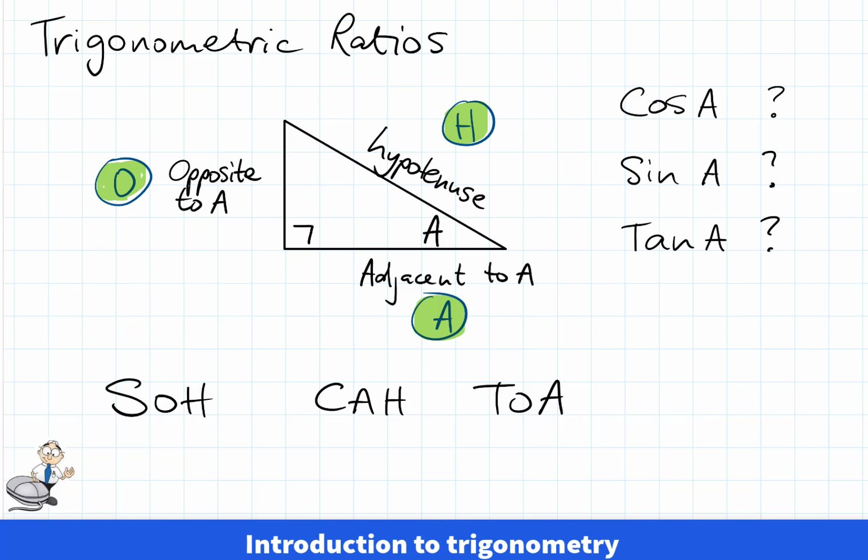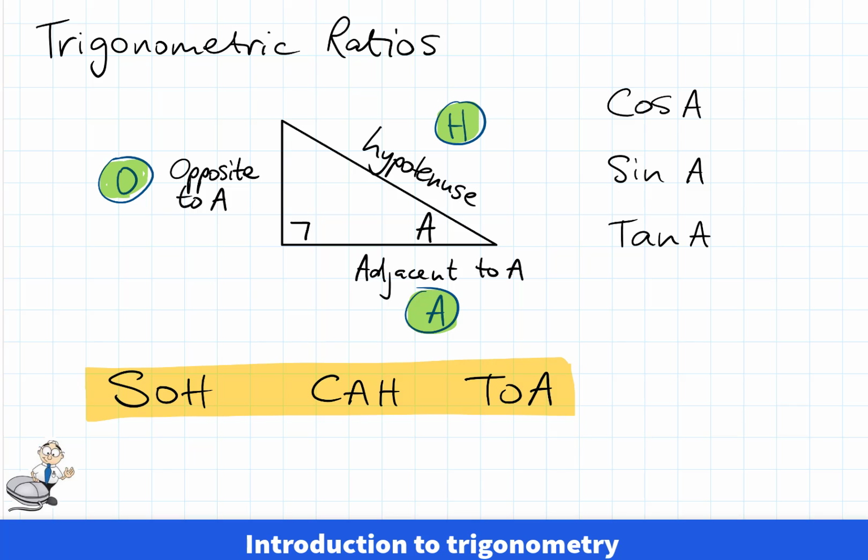So what these mean are sine A is opposite divided by hypotenuse, cosine A is adjacent divided by hypotenuse, and tan A is opposite divided by adjacent. These are our ratio formulas. These need to be remembered.